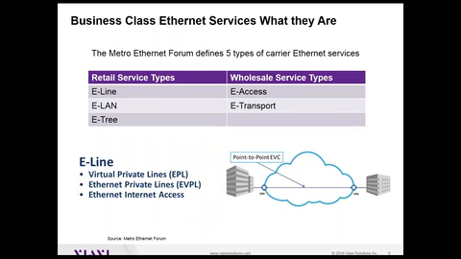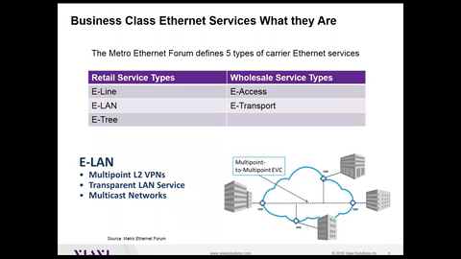For all of these services there are 2 different kinds: the Ethernet private line, EPL, and the Ethernet virtual private line, EVPL, where you might or might not have a VLAN tag. One is port-based, the other is VLAN-based. So this is the simplest version of a service, called the E-Line service.